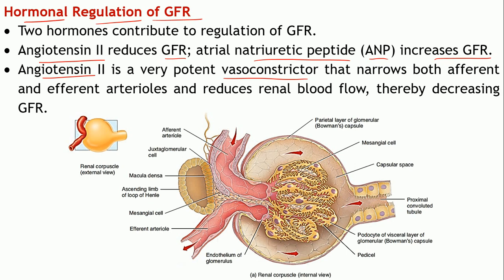Of course, we will be dealing with this angiotensin 2, how it is generated in the renin angiotensin aldosterone system also. Okay. So remember that angiotensin 2 is a vasoconstrictor. So what will happen? It will narrow the afferent as well as efferent arterioles. So as a result of this, the renal blood flow will get reduced. So what will happen to your GFR? It will get reduced.